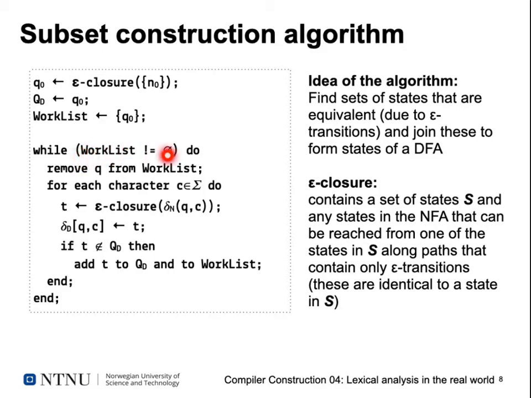So as long as our work list isn't empty, so as long as we still have work to do, then we remove Q from our work list. So we have in the first iteration our Q0 here, we remove it.